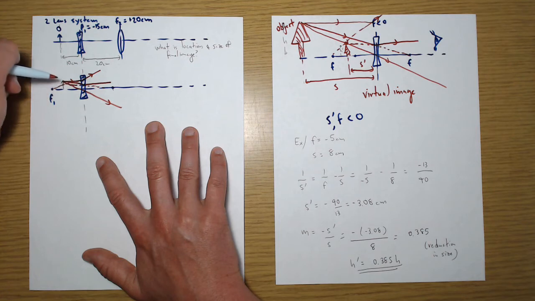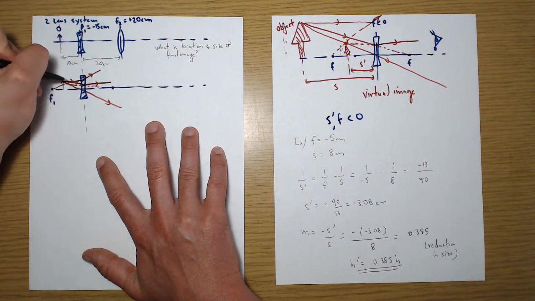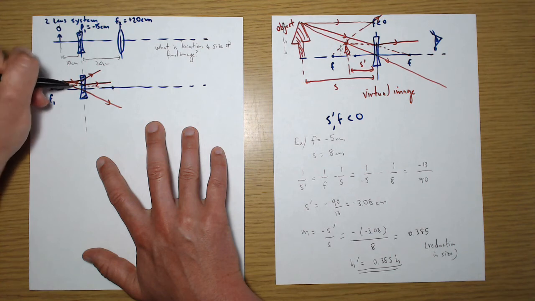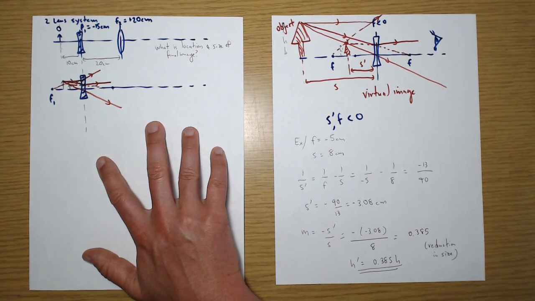But if I trace it back, what I get is all these rays converging at a single point, and this is not the best picture here, but you can see it's somewhere in there that it converges. It might be hard to see on the camera picture here.